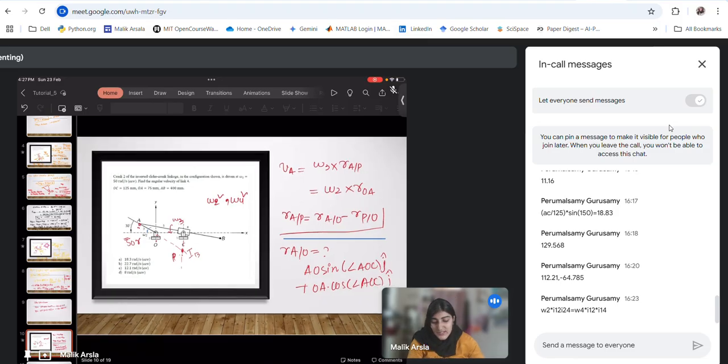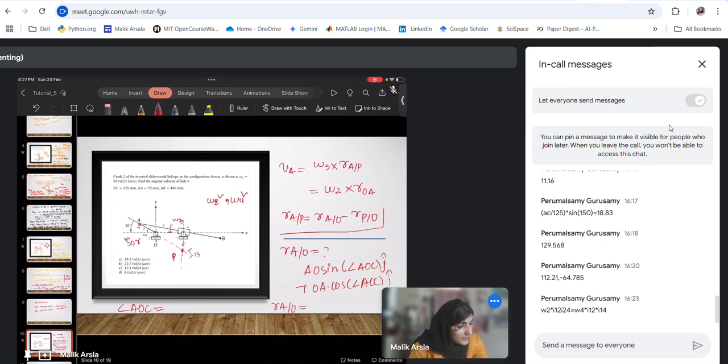So tell me what this RAO is coming out to be. Anybody got the answer?